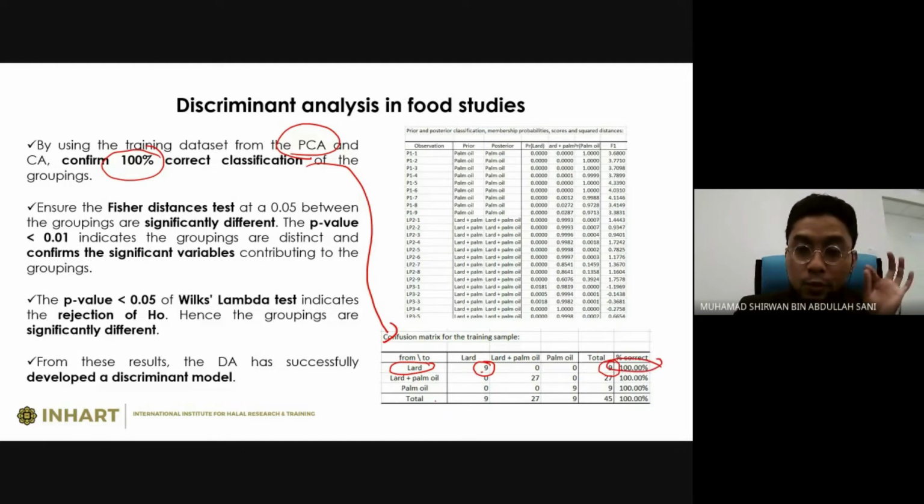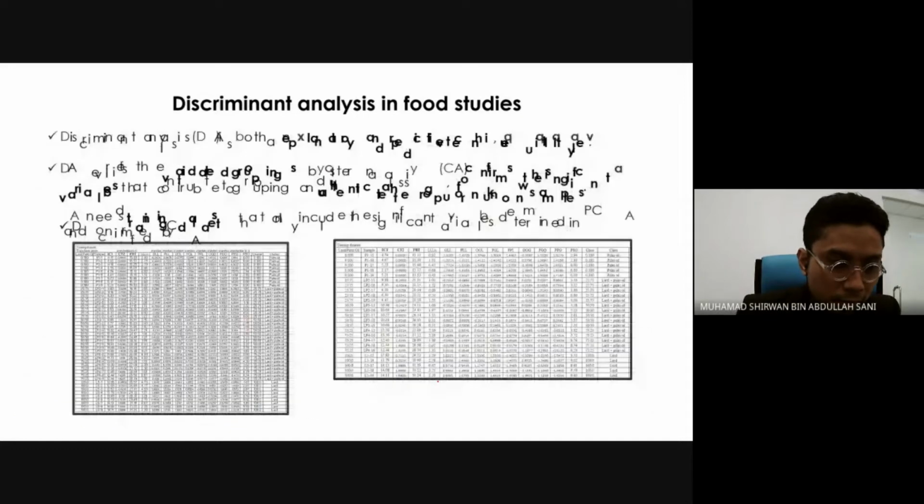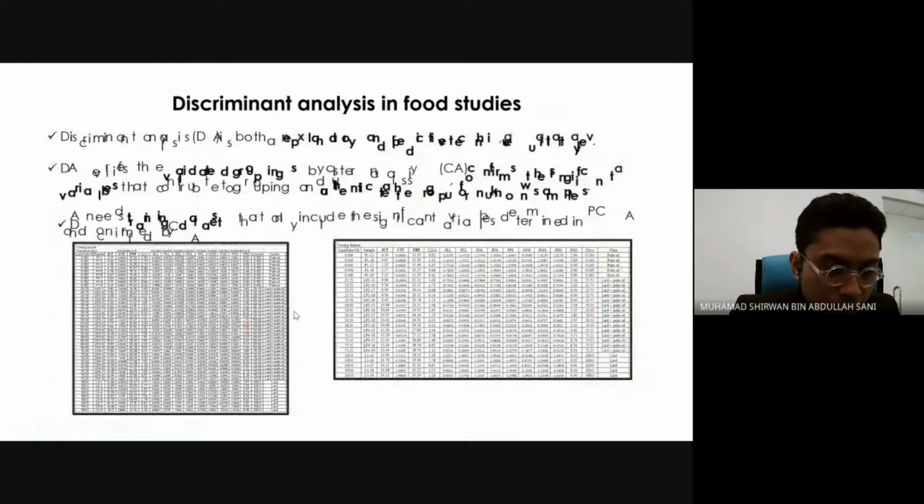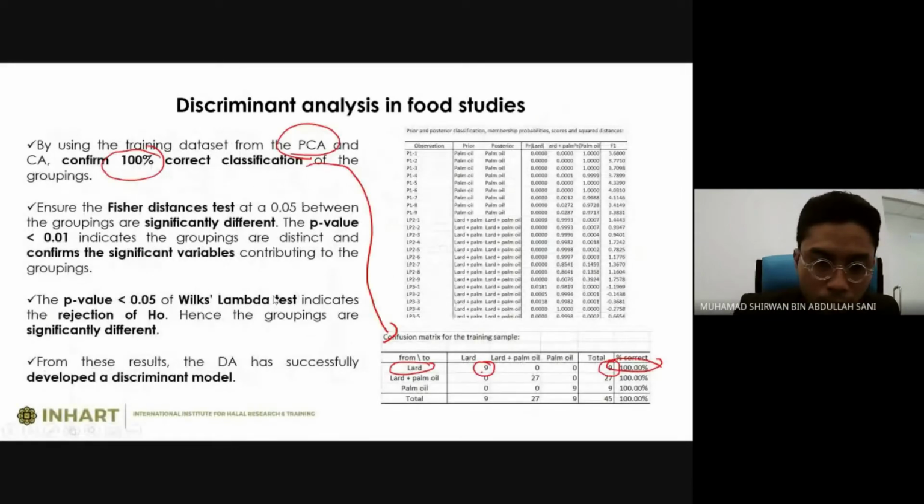Same goes here, you prepare lard and palm oil, look at this one.